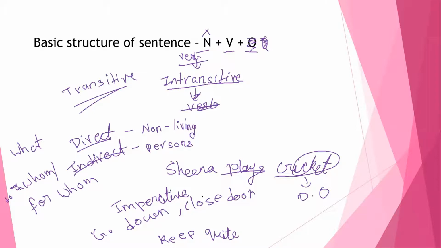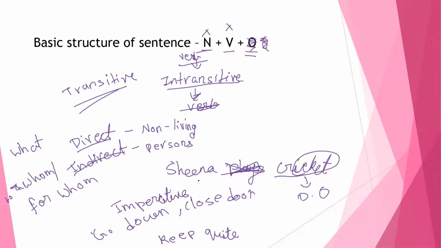So there can be a sentence without a noun and there can be a sentence without an object. But there can be no sentence without a verb. Let's take an example of how it comes. If I take the same example, "Sheena plays cricket," here I cannot cut plays.